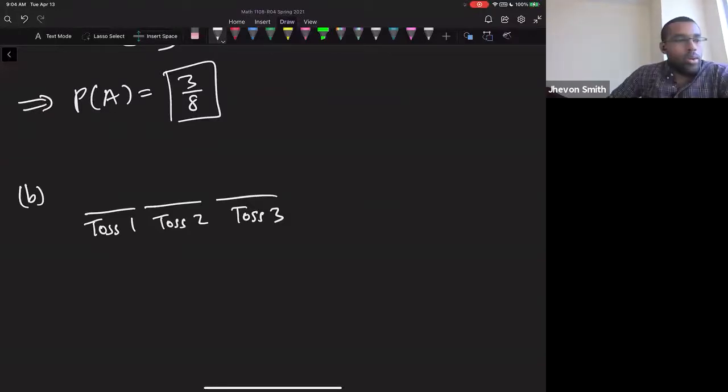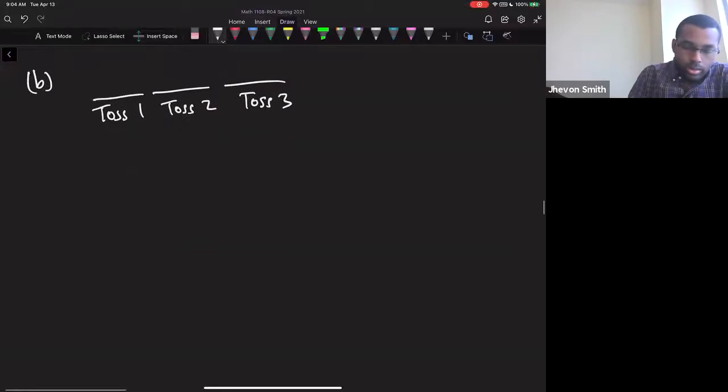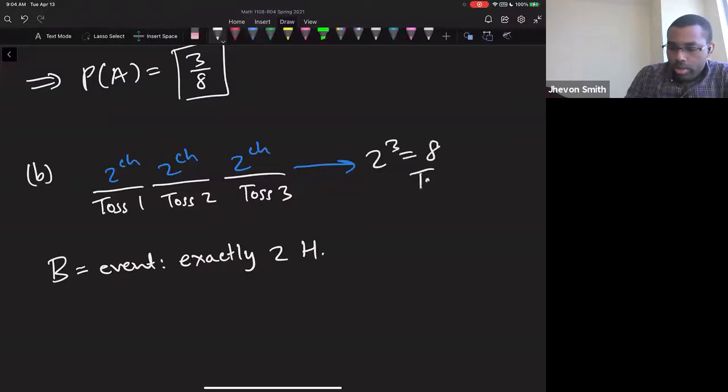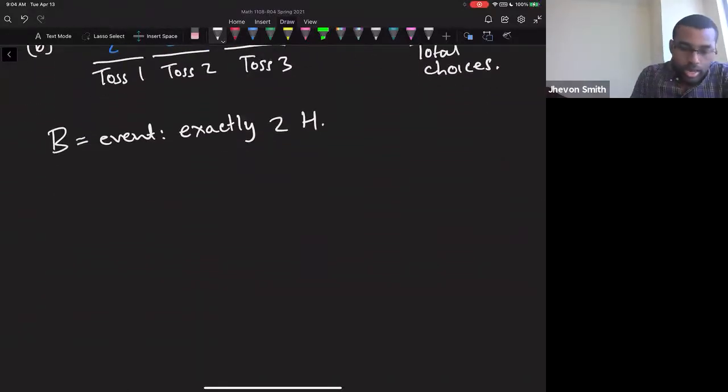So now I want B equals the event exactly 2 heads. And again, by multiplication rule, 2 choices, 2 choices, 2 choices. So 2 cubed equals 8 total choices. Probably wouldn't have to redo that, but just because. So here again, I would just say, all right, I have 3 positions.